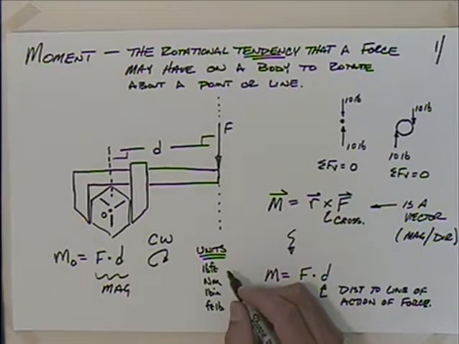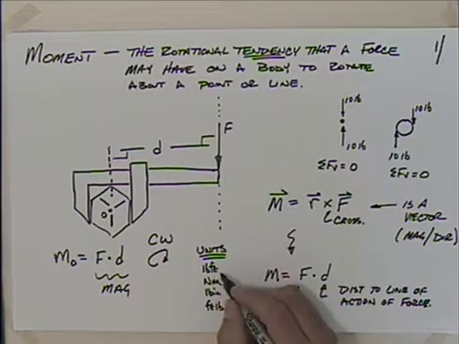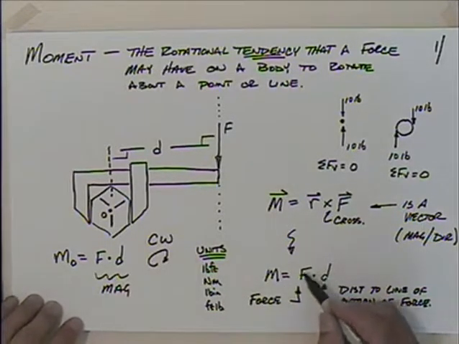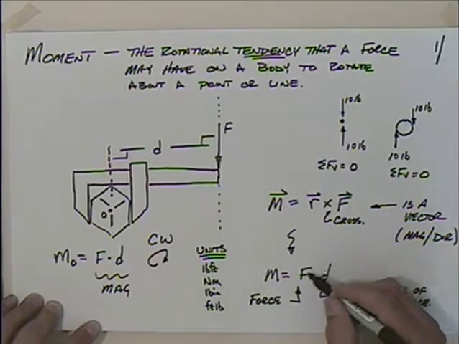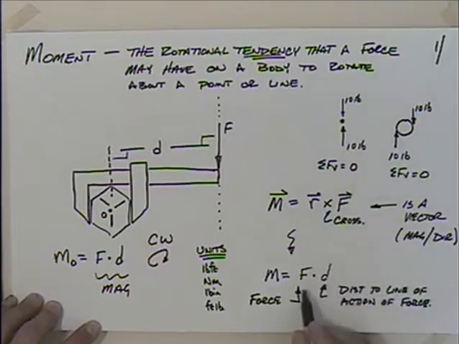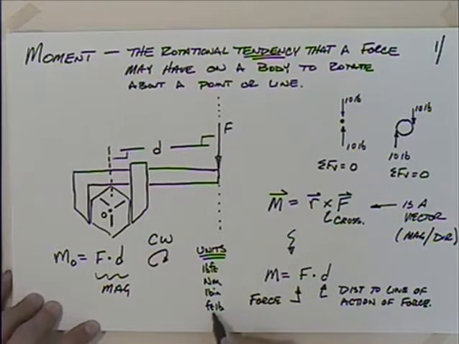So usually we use the terminology pound feet when we're talking about this. Technically, the order here, you could reverse and have foot pounds, but you'll also notice that this is the same equation that we get for work, force times distance. So usually we use this order here, foot pounds, when we're talking about work, and we use pound feet when we're talking about the moment or the torque.